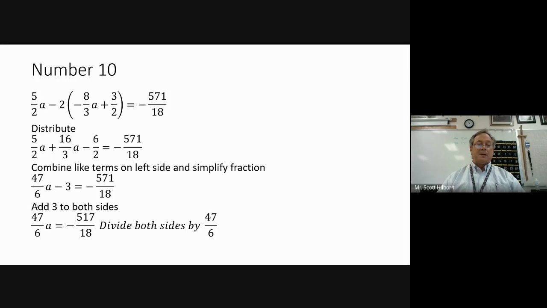All right. Now I want to take and divide both sides by 47/6. And when you do, you get that a is equal to -11/3.